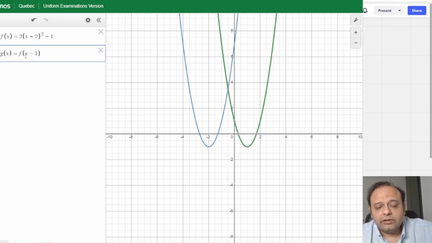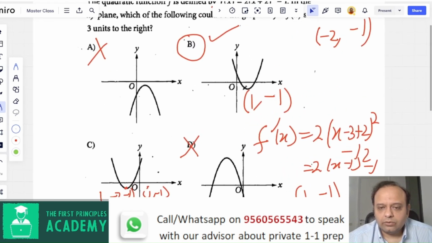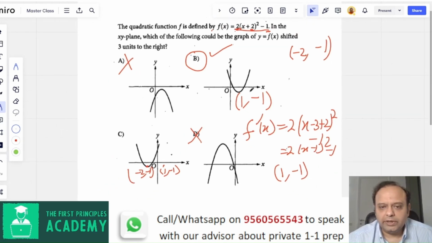Because we are moving it 3 units to the right. So you see the graph here, and let's go back. So this is what it would look like. Even from Desmos, you can be sure that this is the answer that you are looking for, B.